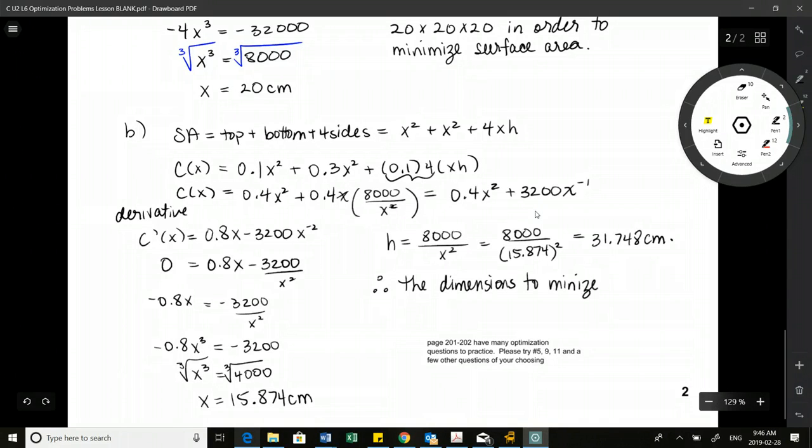Therefore, the dimensions to minimize cost are, remember, we have x times x, so 15.874 centimeters by another one of those, because the bottom is square, by 31.748 centimeters.